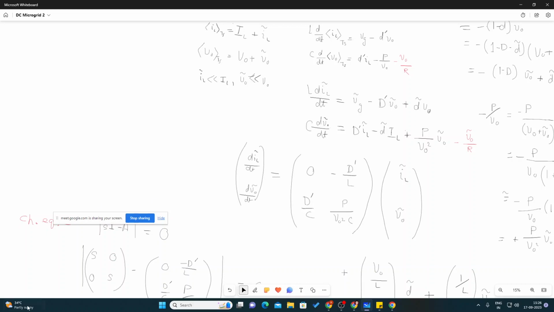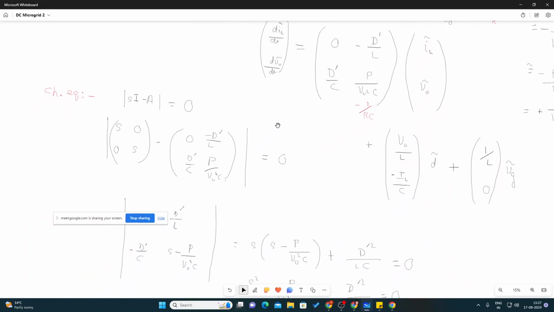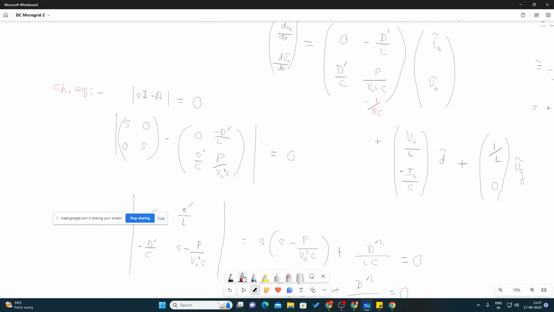Only the state matrix will change, and it will have a quantity here as minus 1 by RC. Now here we will have a minus 1 by RC, and here we will have a plus 1 by RC.